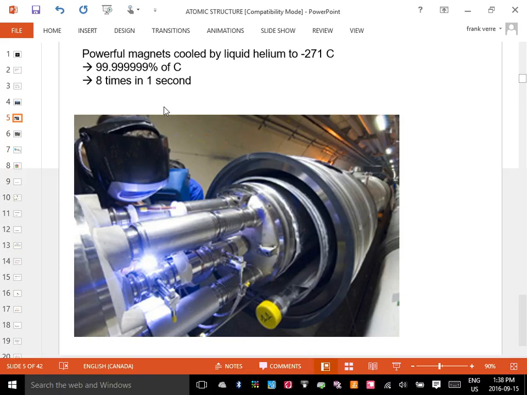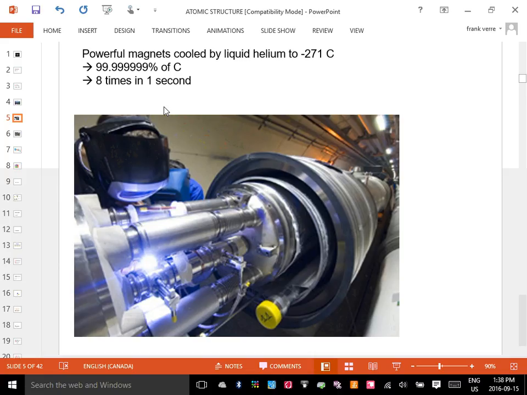So guess what they do? They accelerate particles. These magnets accelerate particles in opposite directions so they crash into each other. If you want to understand what's inside something, sometimes you've got to break it apart. So that's what these things do. They collide particles to see if they can detect new particles.